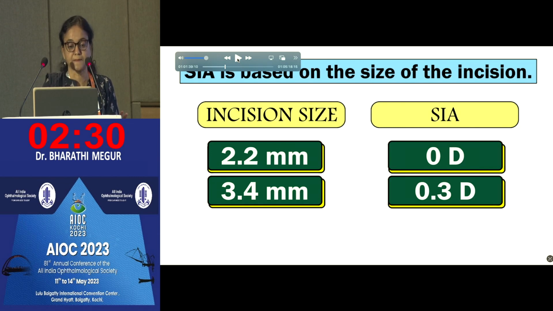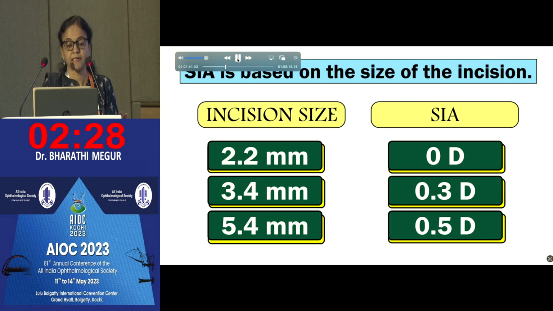So whenever the biometry online toric calculators use an assumed value of 0.1 diopter, it is because they have seen that these temporal phaco incisions are least astigmatic. So they are assuming that the astigmatism induced by these incisions is around 0.1 SIA.